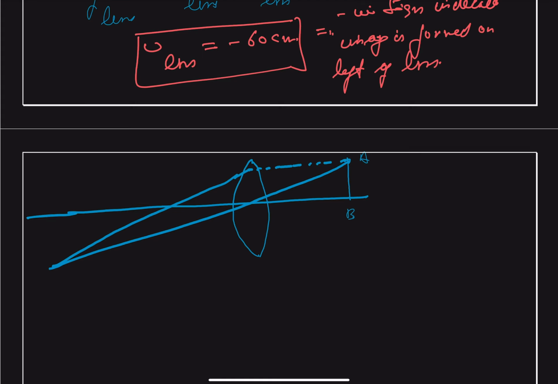This is our image with respect to the lens only, and the distance is 60 centimeter. So this is our B prime and this is A prime. Obviously it will be magnified, but we get the approximate idea of the position of the image.